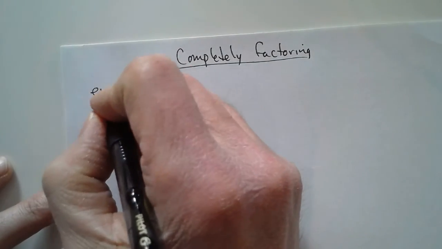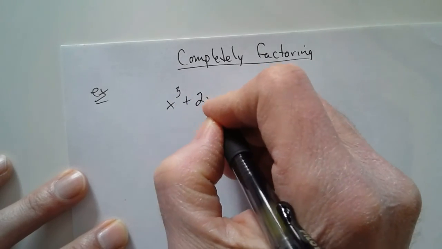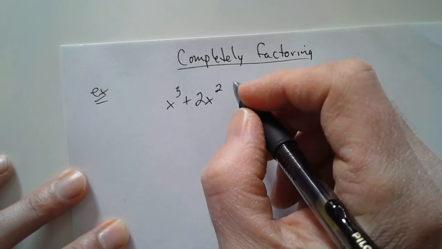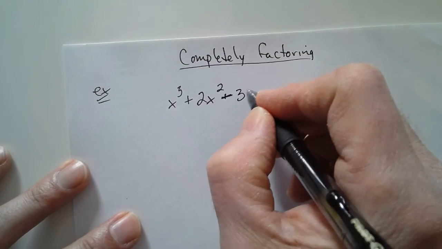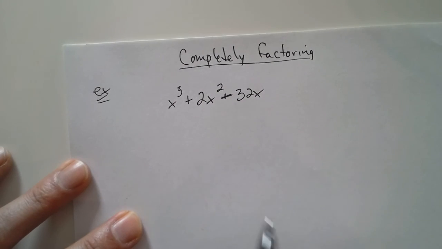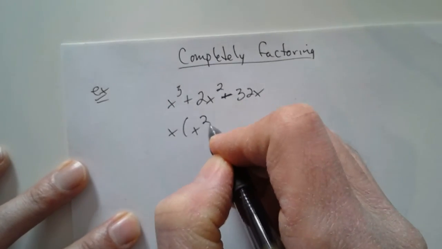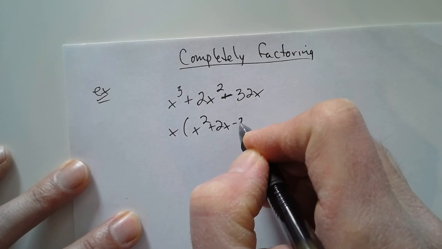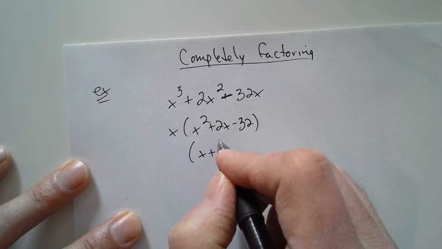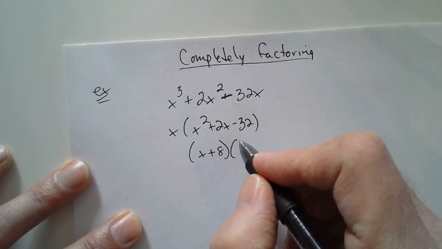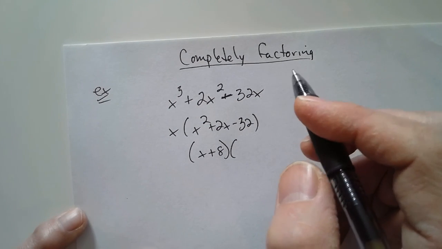So if you have like x cubed plus 2x squared minus 32x, well, I can take out a greatest common factor right away. I can take an x out. And then this factors to be x plus 8. No, it doesn't. And I was going to do 4, but that didn't work. I cracked under pressure.